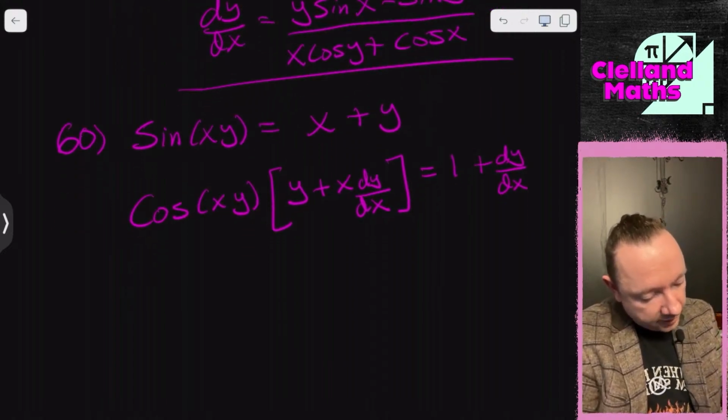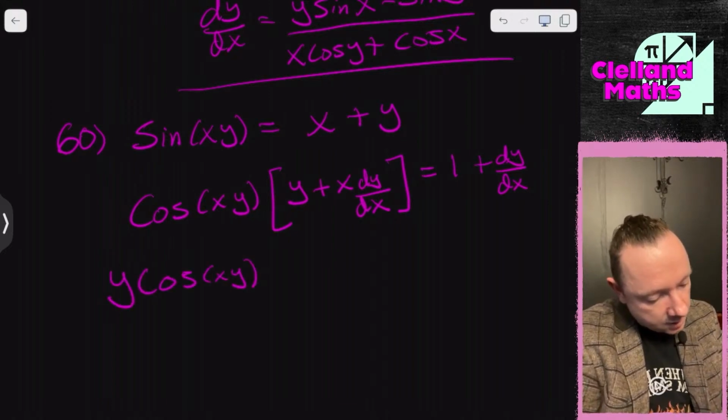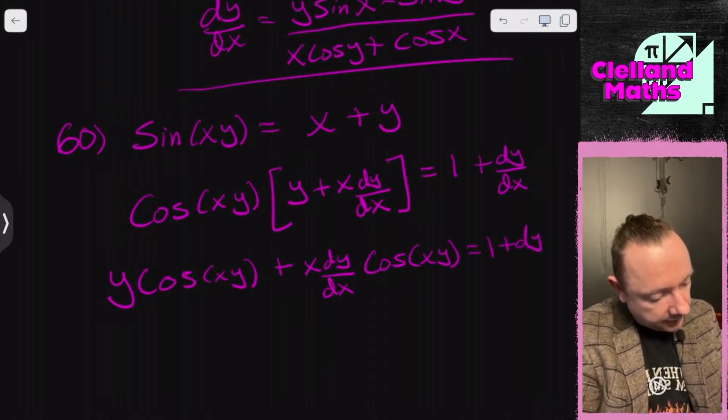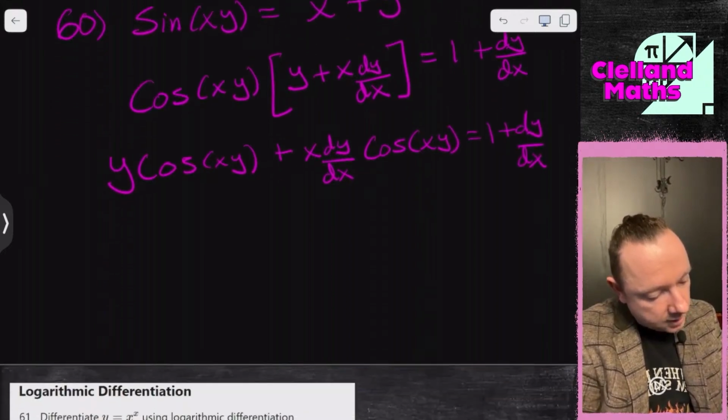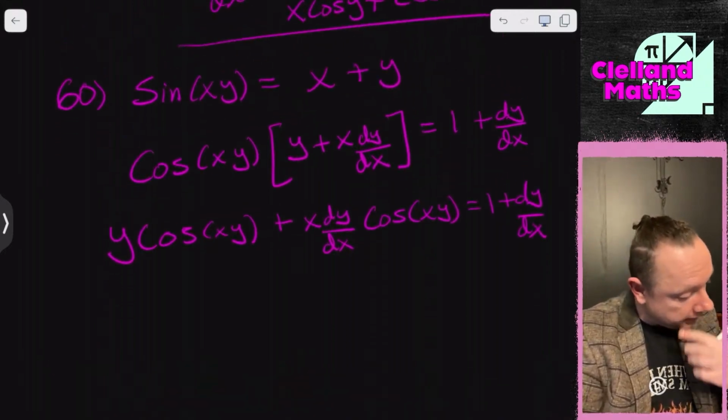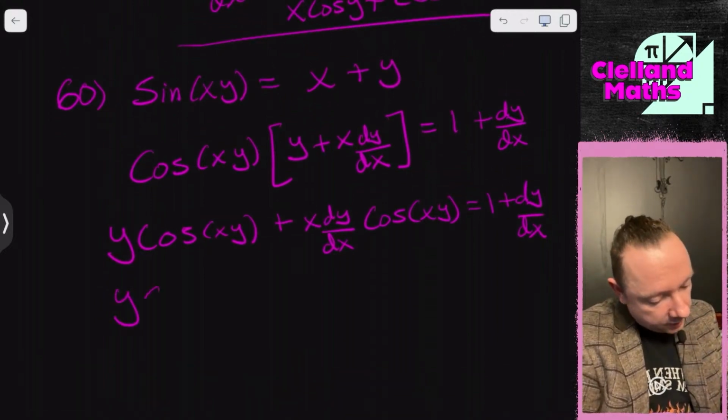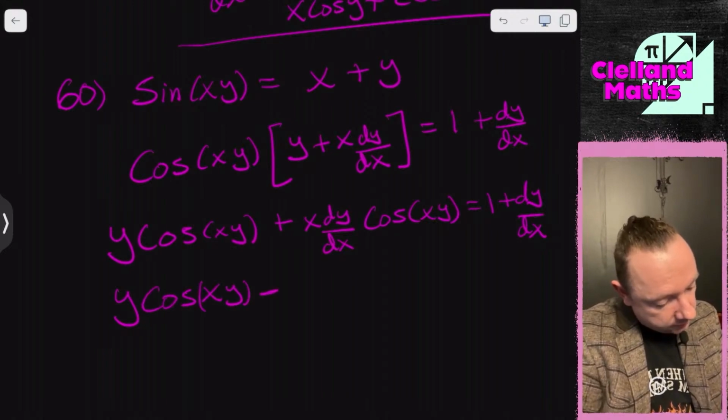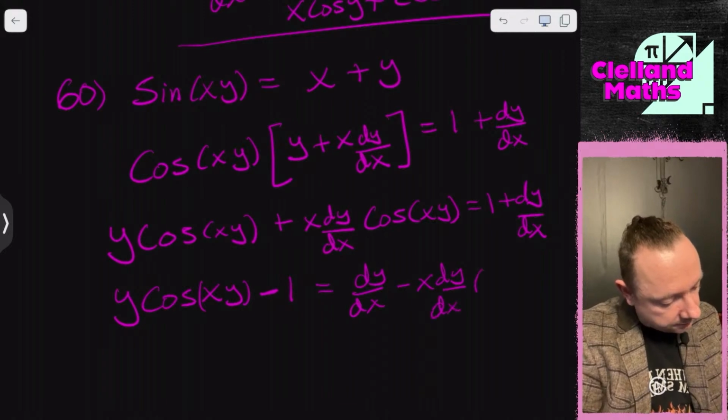So that gives me y cos xy plus x dy by dx cos xy equals 1 plus dy by dx. Moving everything over so that we've got dy by dx together, we would have y cos xy minus 1 equals dy by dx minus x dy by dx cos xy.